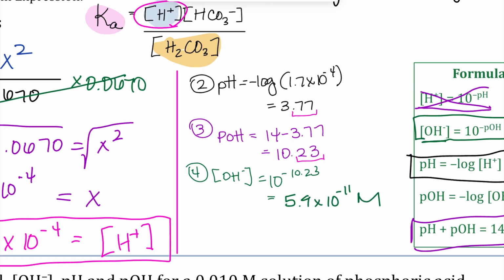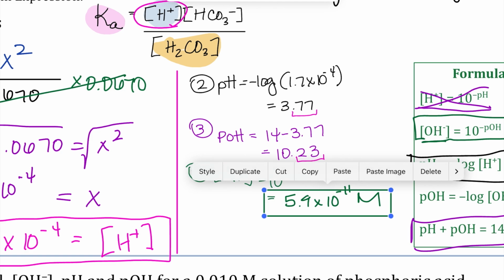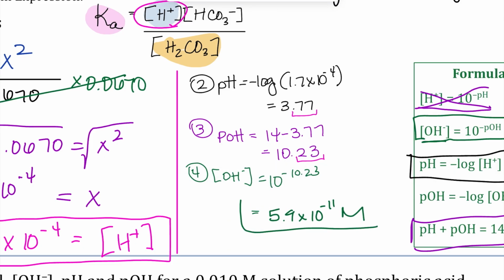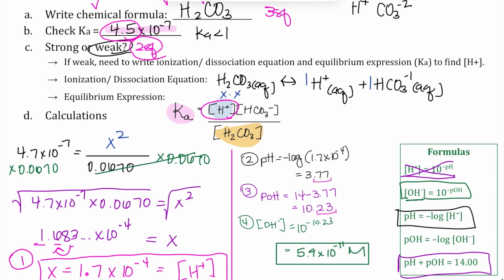That is a concentration, so it does need the molarity unit on it. And again, 2 sig figs. Now that we have a concentration, all of the digits are significant, and so keeping that digit in front of the decimal does end up being significant. All right.